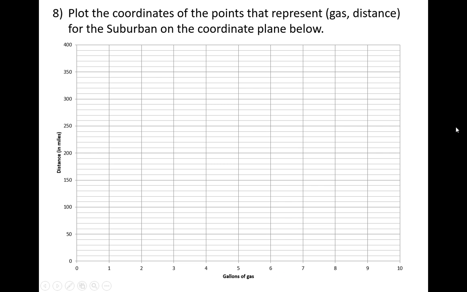It says plot the coordinates of the points that represent gas and distance for the Suburban.